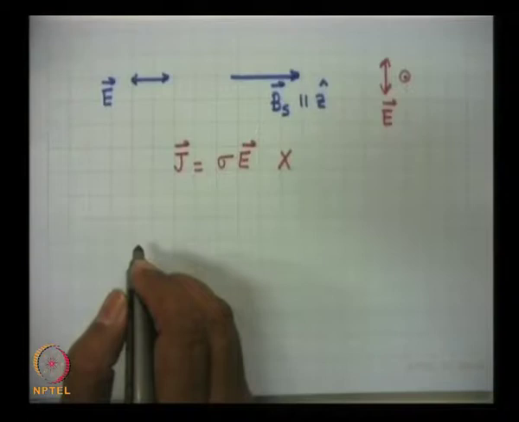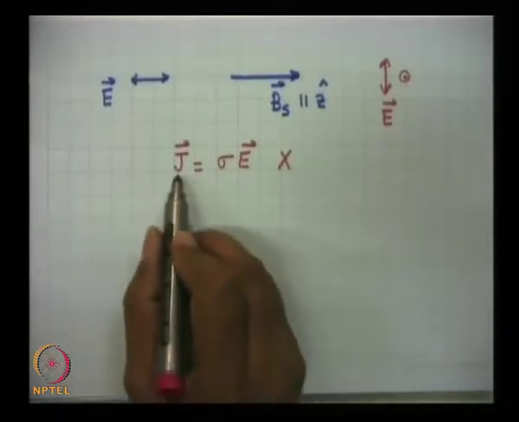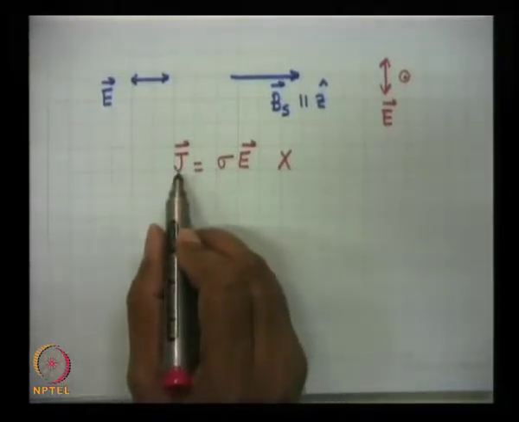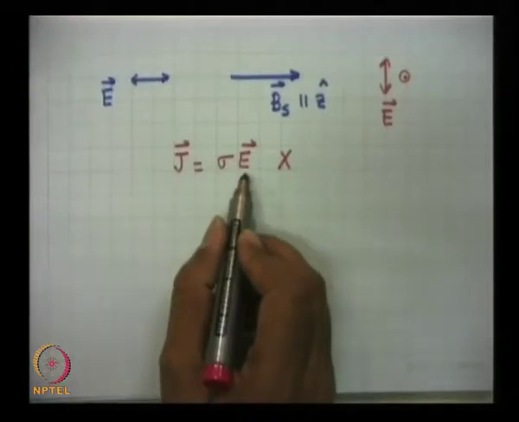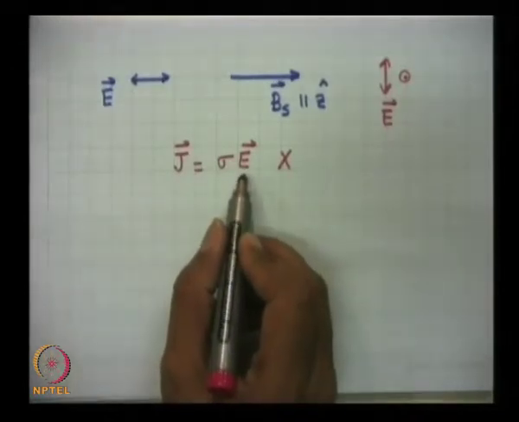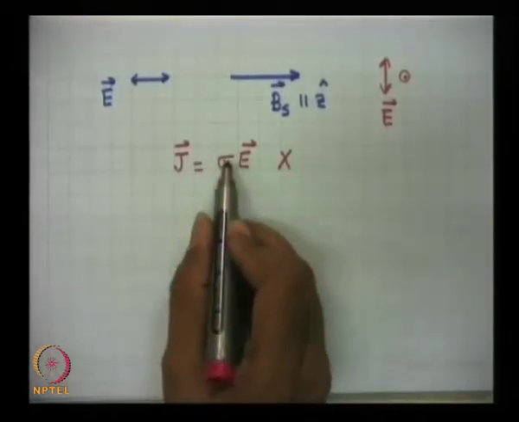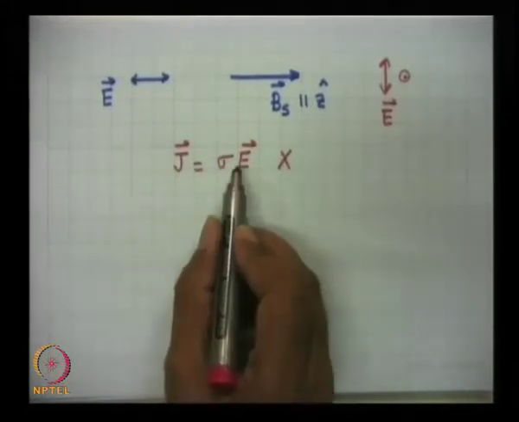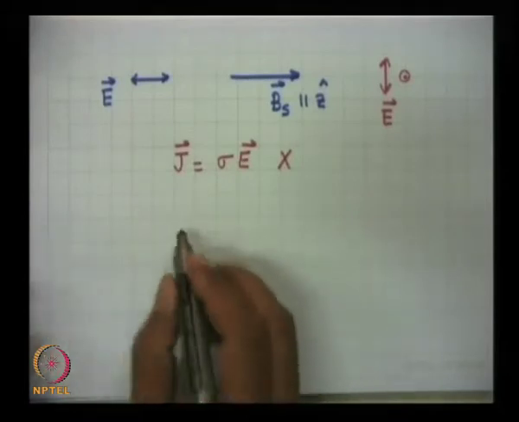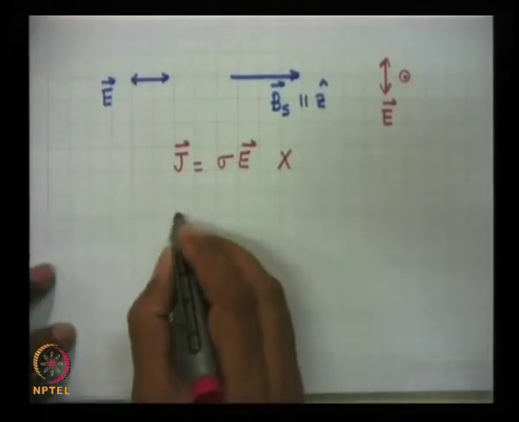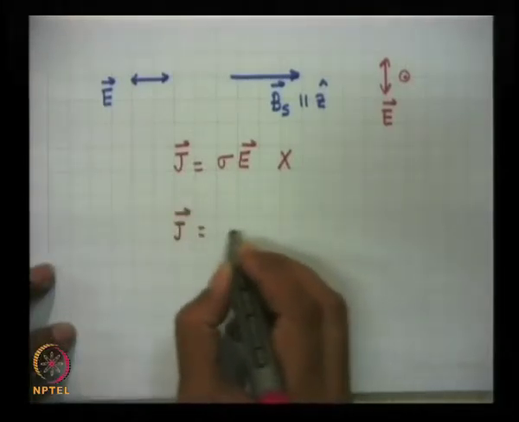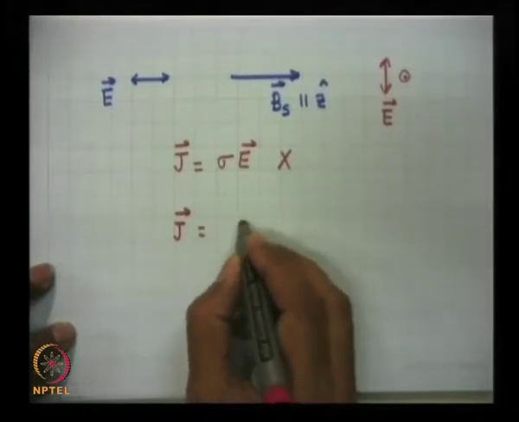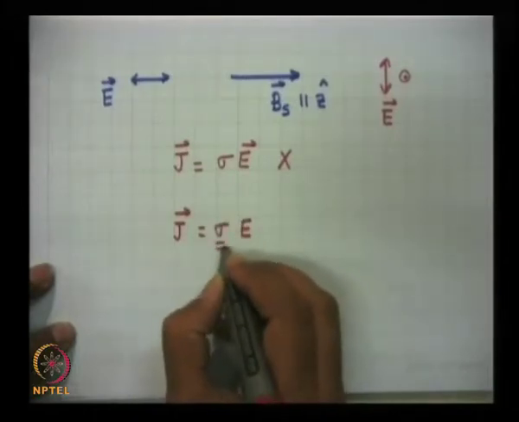If you want to allow a different direction for J in comparison to the E direction, then this coefficient cannot be a scalar quantity, because a scalar implies that J and E are in the same direction. So J can be written with sigma becoming a tensor.